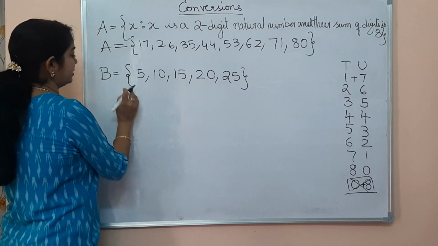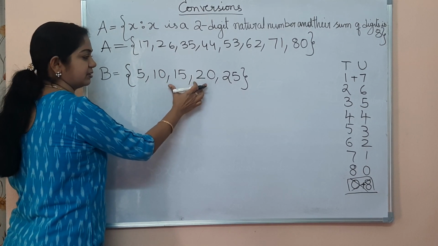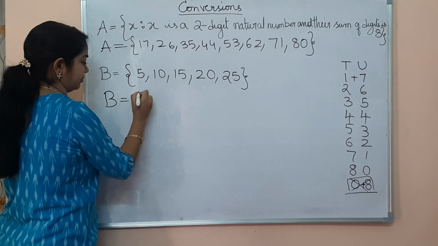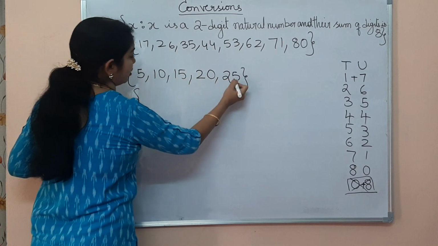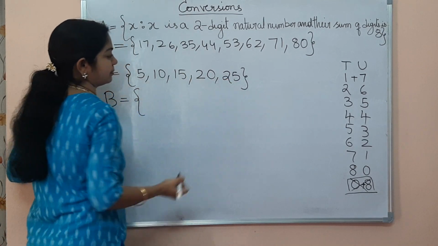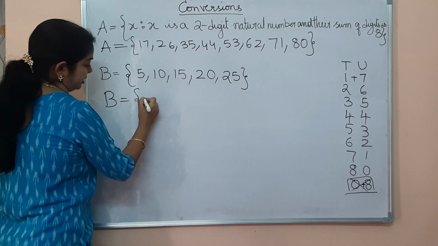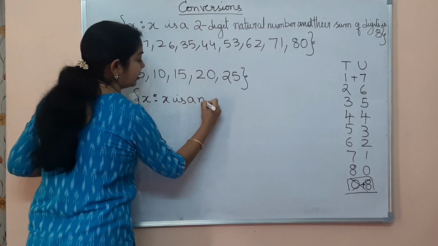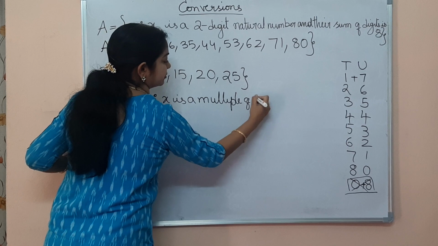Now coming to this problem, here the list of elements is directly given. That means a roster form is given. We have to write it in the set builder form. First we have to see the common property here. They are the multiples of 5. Yes, x such that x is a multiple of 5.